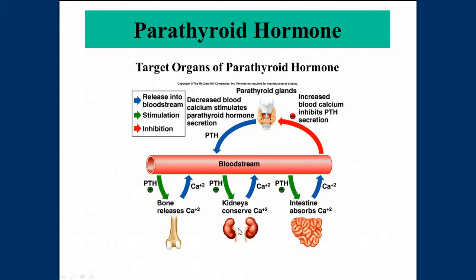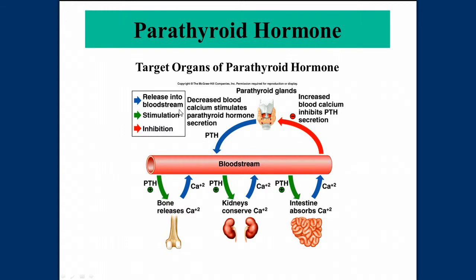The kidneys would be target cells, so calcium can be conserved, returned to the bloodstream instead of excreted. In the intestines, it absorbs the calcium. Now, here's something about the intestines absorbing calcium we'll learn later on. You have to also have vitamin D, or with vitamin D, calcium is absorbed, returned to the bloodstream instead of excreted, so that blood calcium levels can be restored.